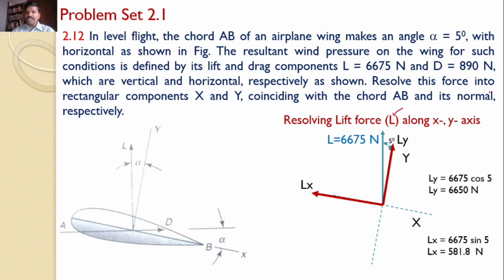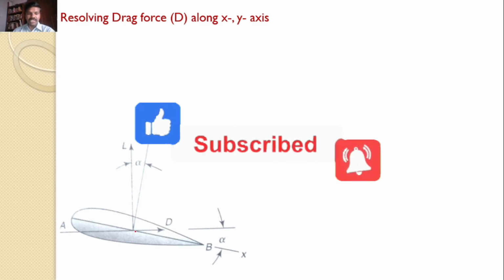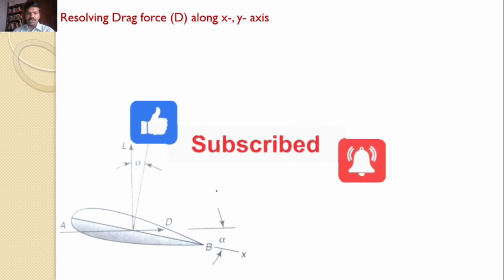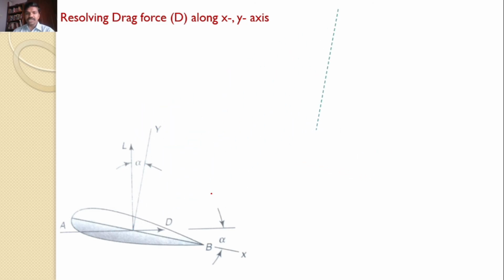Similarly, we will resolve the D force along x and y axis. Once again, I am transferring the x and y onto a separate space. This is my y-axis and this is my x-axis.